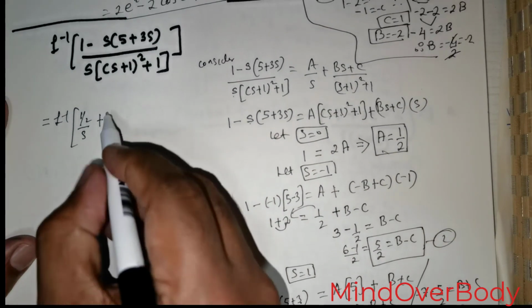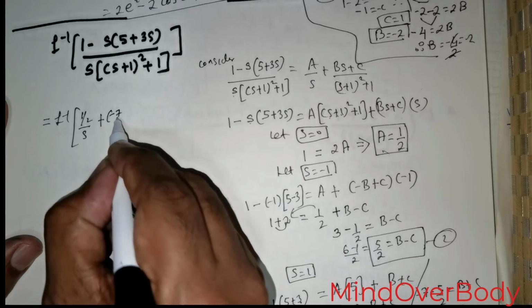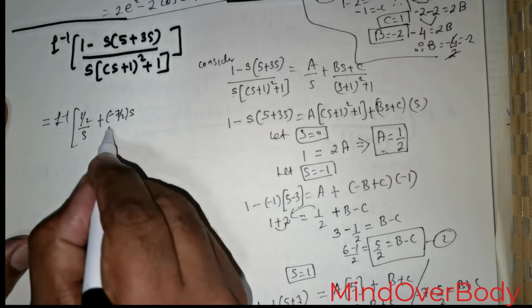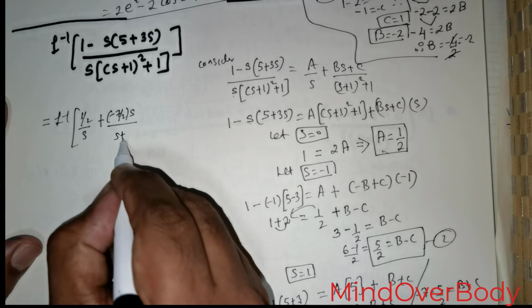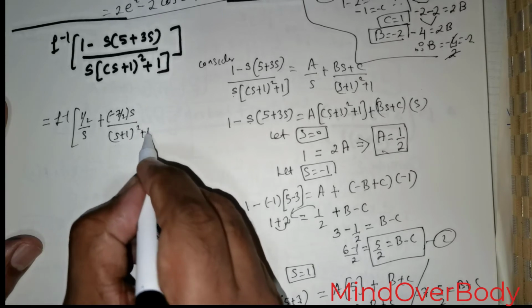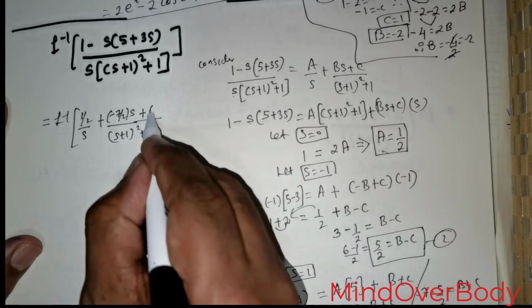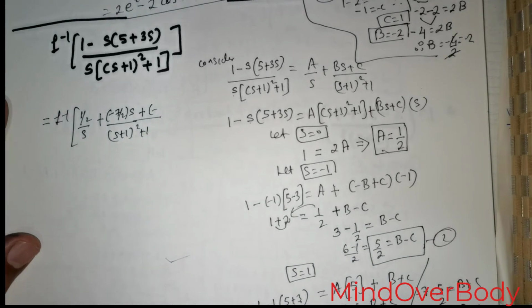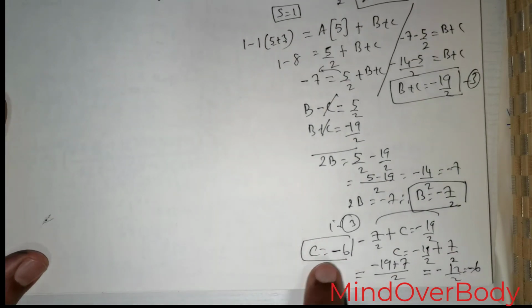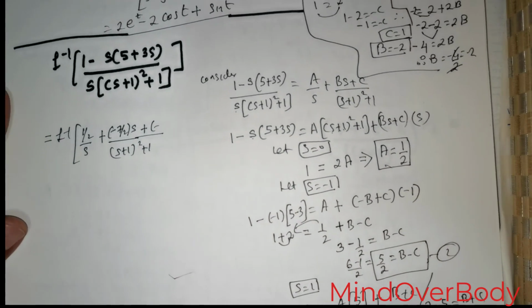So let's substitute it there. So negative 7 over 2 times S divided by S positive 1 raised to the power 2 positive 1, and my C is negative 6. We got negative 6 for C, so substitute that.